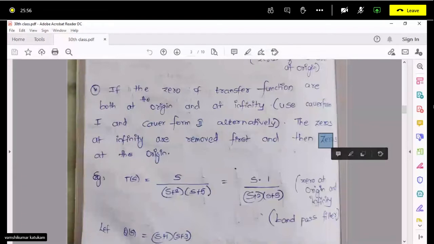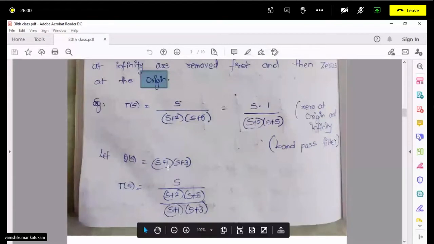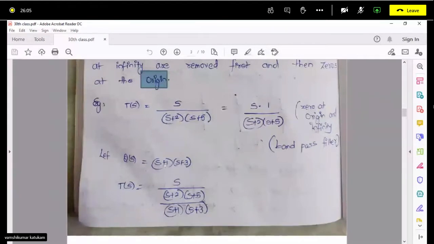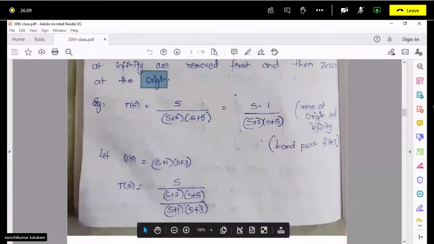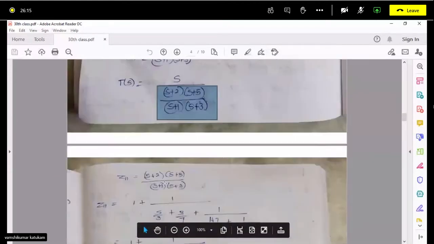Here also our Q of s will not change: (s plus 1) into (s plus 3) will be as it is. So you can write s upon (s plus 2) into (s plus 5), and your driving point function here will also be the same.